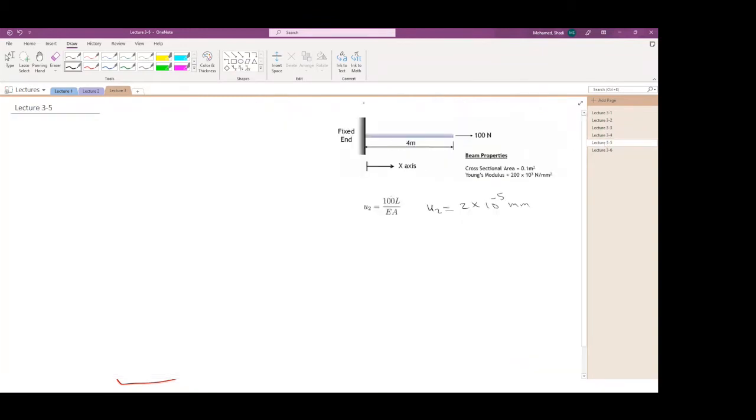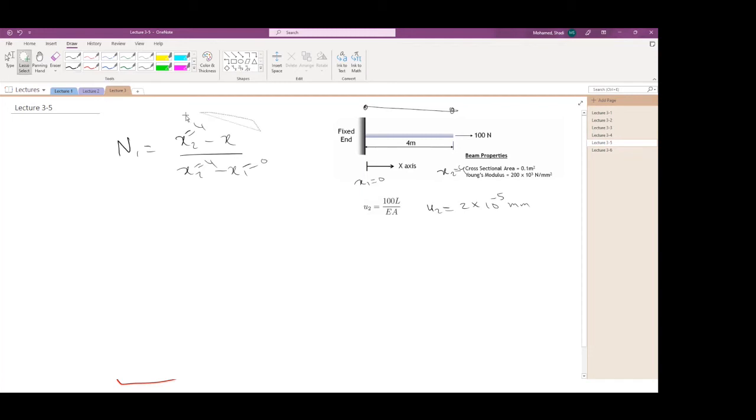Let us look into this element here. This is the element. x1 at node number 1 is equal to 0. x2 at the end of the length is equal to 4. So the shape function would look like this. N1 is x2 minus x divided by x2 minus x1. This is equal to 4, this is equal to 0, this is equal to 4.